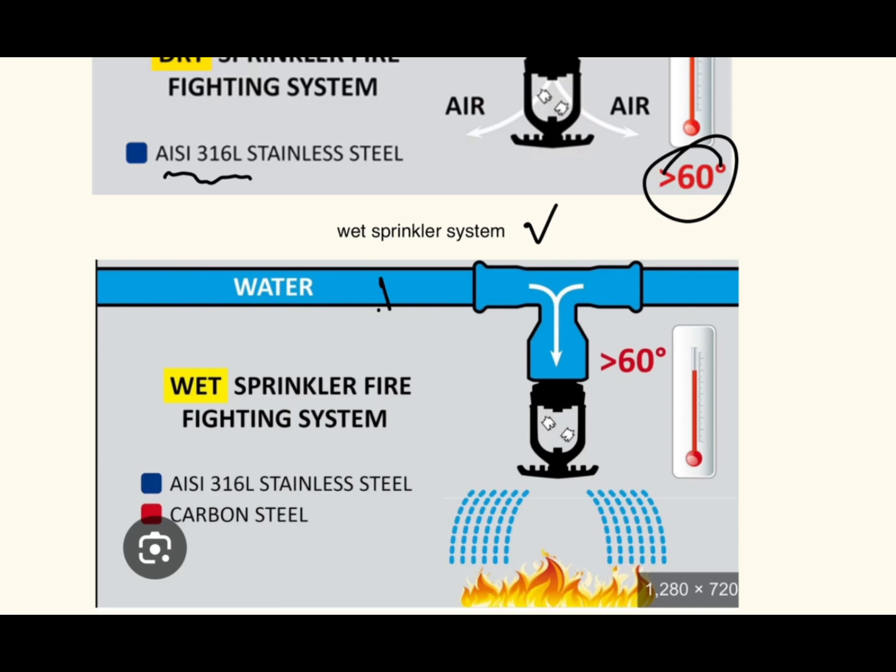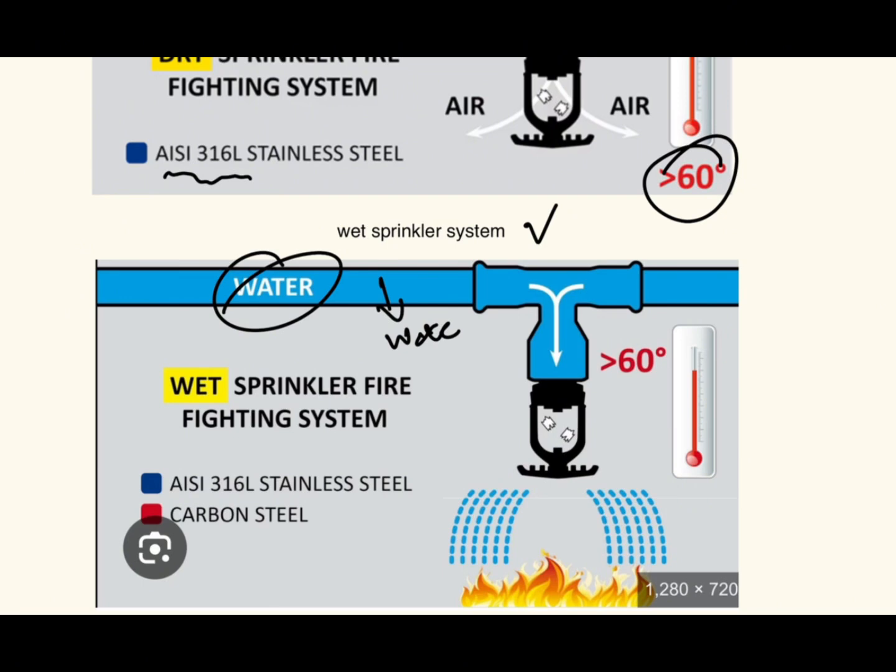This blue is water. As you can see, this is completely filled with water, and the pipes are constantly filled with water, as shown in blue in the diagram. This means the system is ready to discharge water immediately when the sprinkler head activates, right?